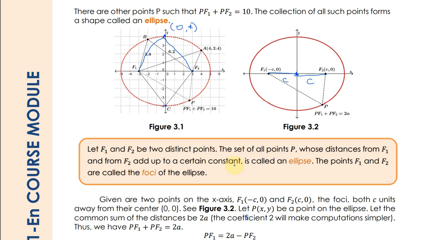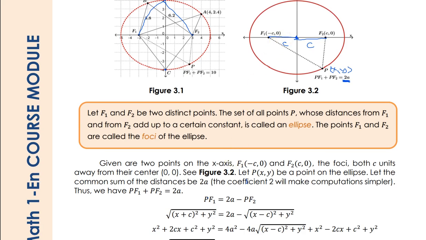And we let P, with coordinates x and y, which are not numbers, be a point on the ellipse. So it is on this ellipse. Let the common sum of the distances be equal to 2a. So the distance is equal to 2a. If you wonder where the coefficient 2 comes from, the coefficient 2 will make the computation simpler.